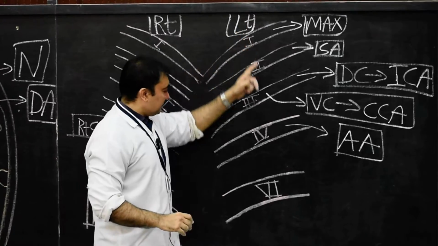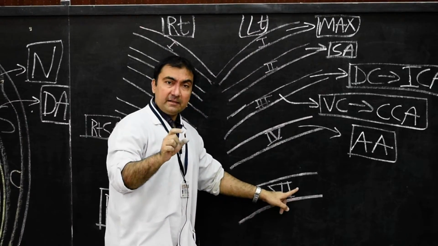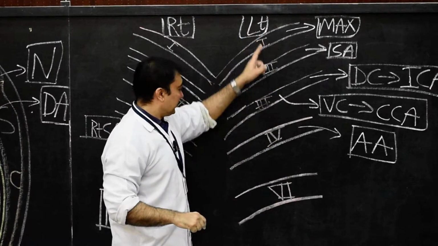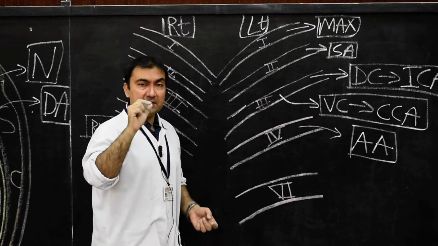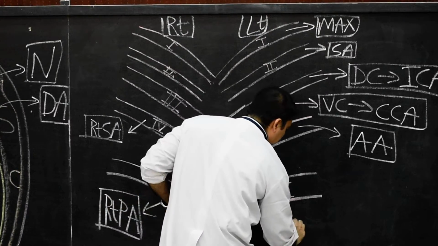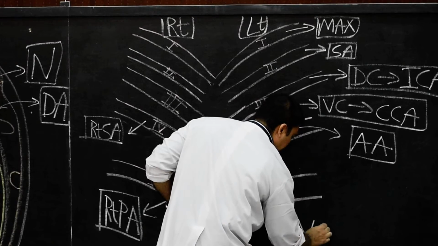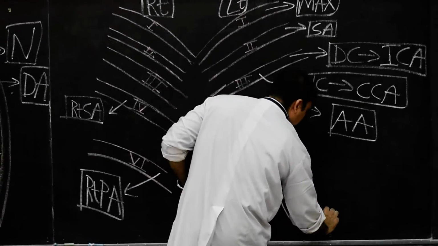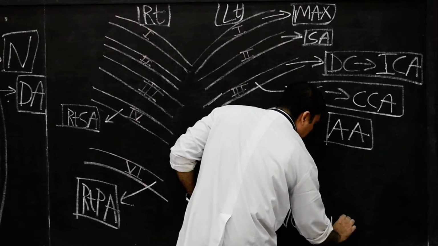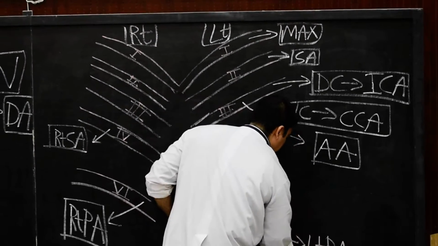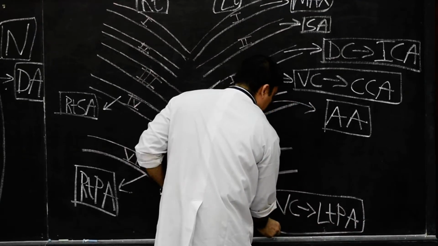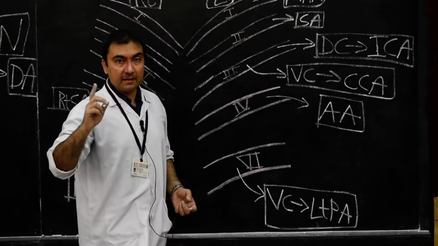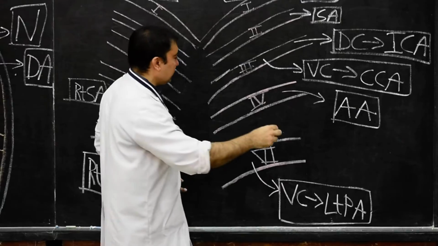On the left side, the ventral component of the left sixth pharyngeal arch artery will develop into the left pulmonary artery. What about its dorsal component?